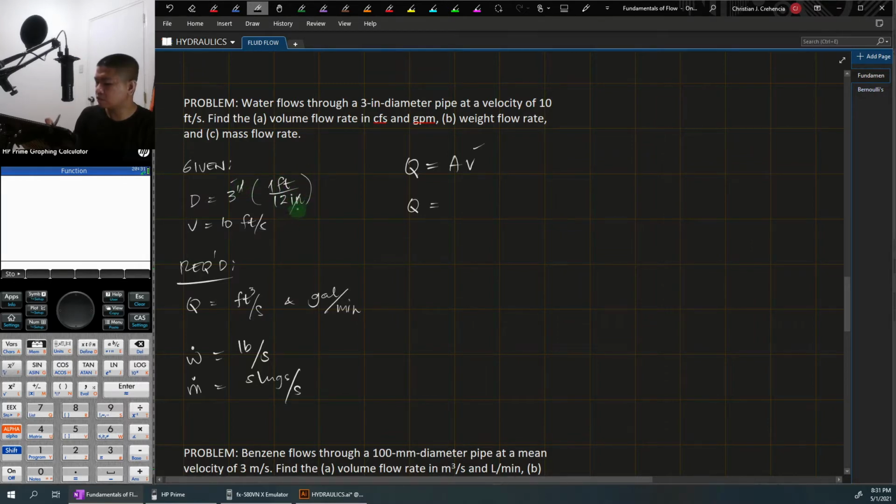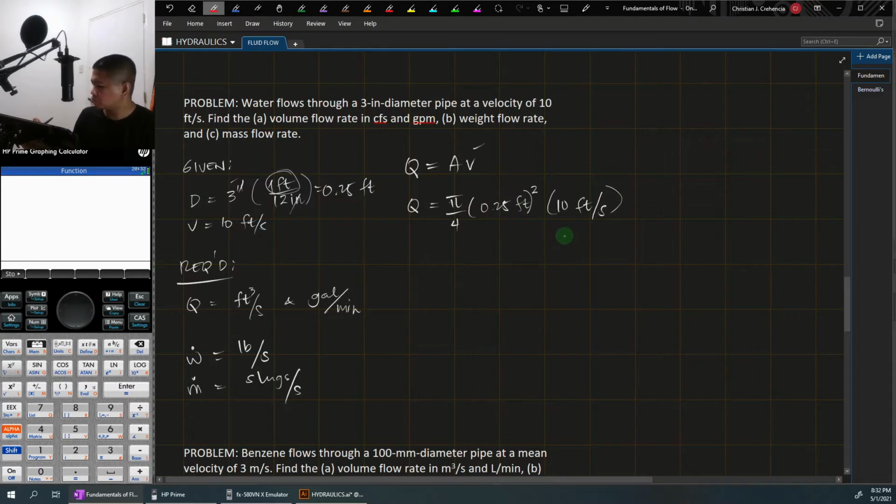Okay, cancel yung unit. So, meron tayong 0.25 foot. Okay, so area is, in terms of diameter, pi over 4 times diameter, 0.25 foot squared. Then the velocity is 10 feet per second.